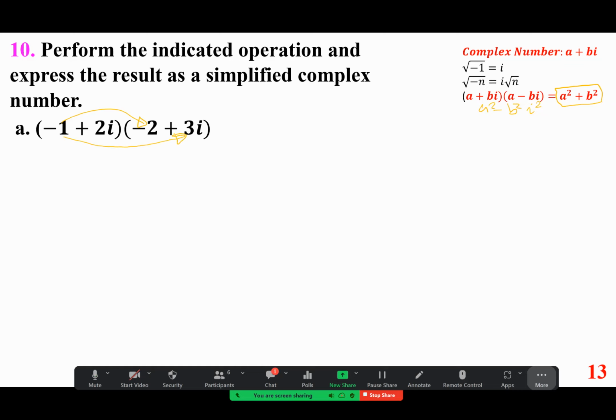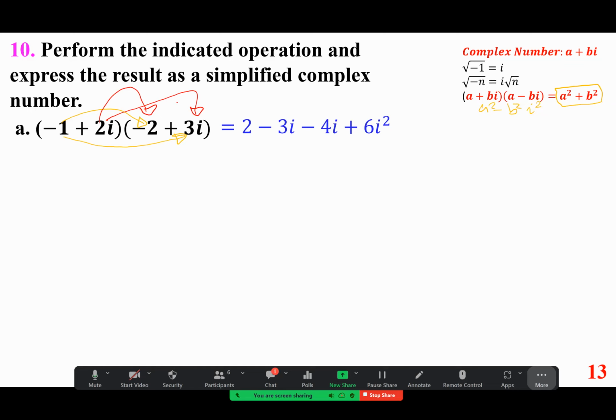We're going to multiply -1 by 3i, it gives us negative 3i. We're going to multiply these two. We get negative 4i. And if we multiply these two, we get plus 6i squared.